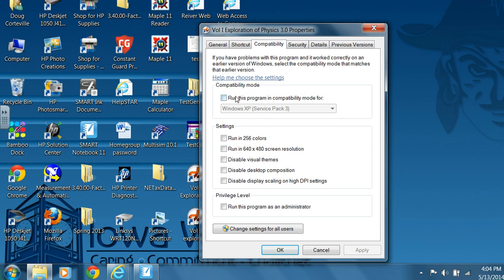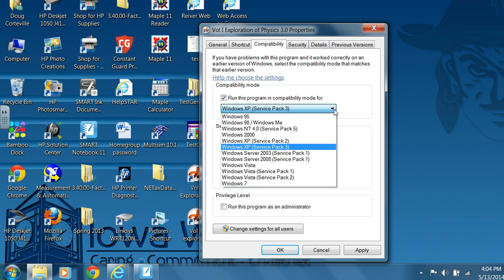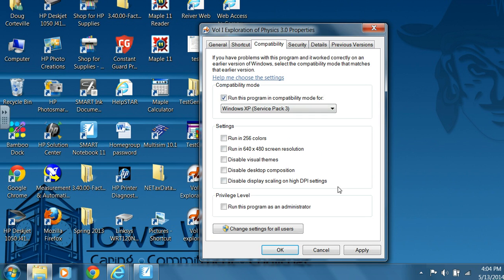I can do that as well. I can run the program in some other version of the software, and for whatever reason my program works just fine in Windows 7, and I know people who can't run it in Windows 7 on their machine, but it works fine in Windows XP Service Pack 3.